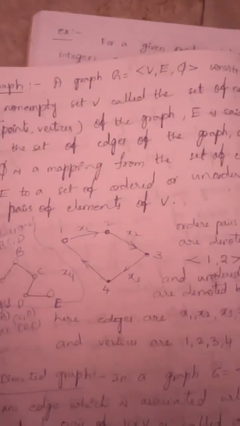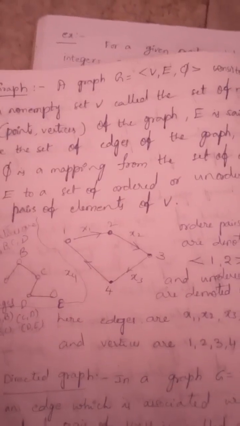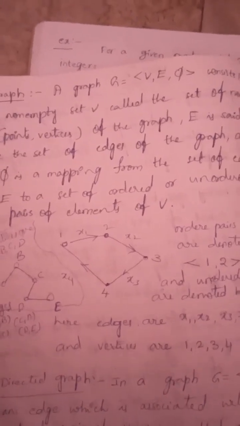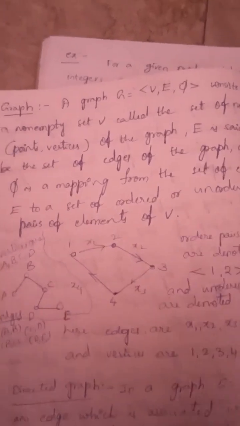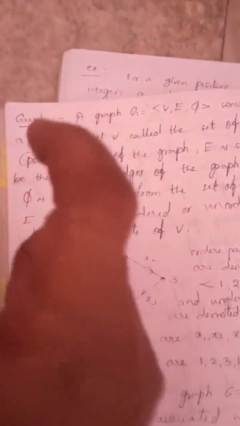If we want to write the definition theoretically, for mathematics we have to follow some rules and regulations. We have to learn it by heart and write the definition. This is the definition of a graph.